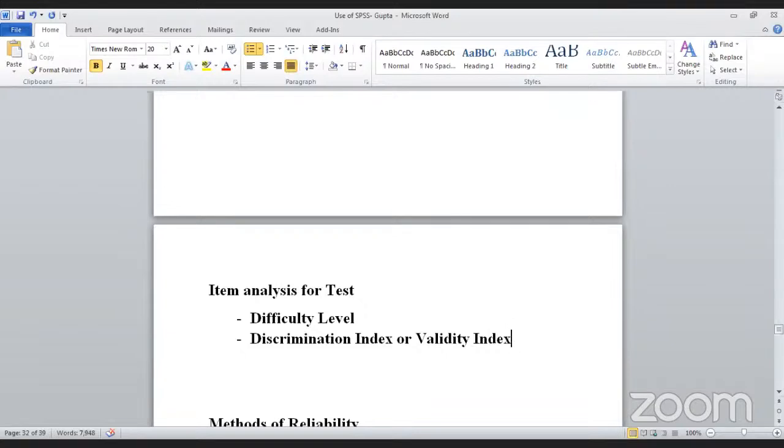And you have already scored it and got the total marks for each student. So you have the total marks of the 400 students. Then I told you, you arrange the marks either in the ascending order or in the descending order. And after that, suppose you do it in the descending order, then from the top, take 27%.